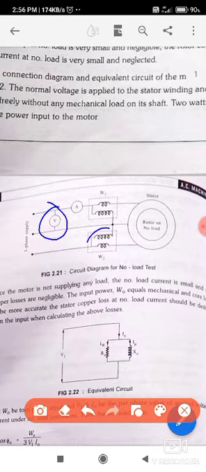Observe the wattmeter readings W1 and W2. If you sum those, similar to the two wattmeter method, you will get the no load power, and this ammeter will give the no load current.